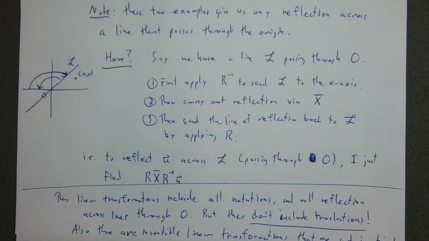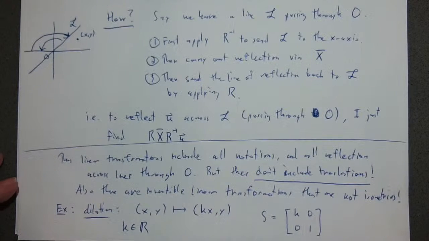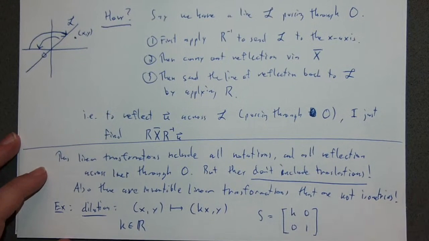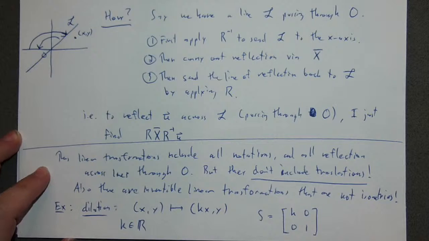But unfortunately, it doesn't. This is as good as we can do. We can't do better than this. And in fact, I showed an example last time of dilation, for instance dilation in the x direction. This is not an isometry, but it is an invertible matrix transformation, or an invertible linear transformation.